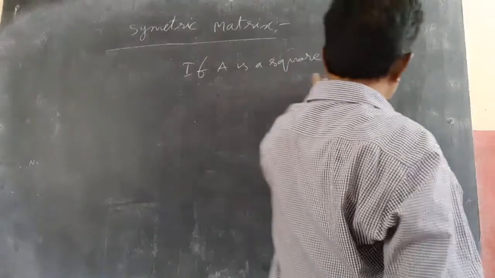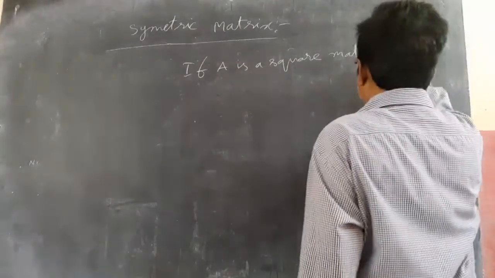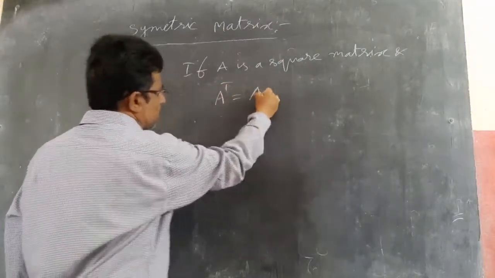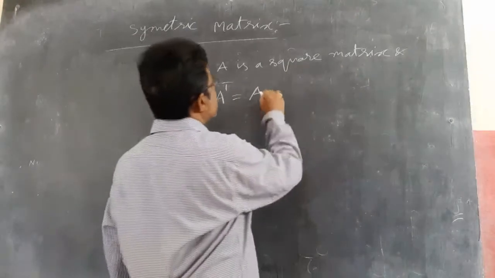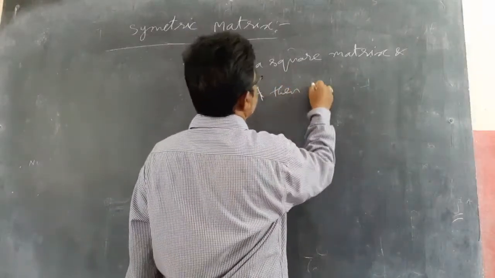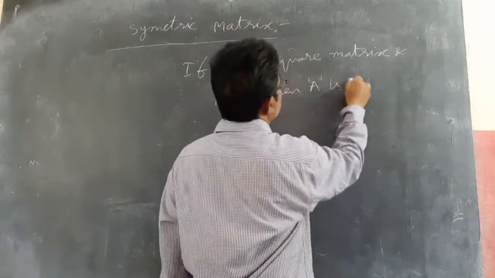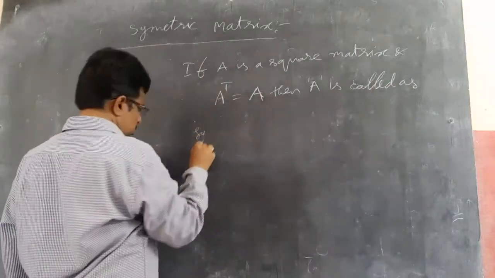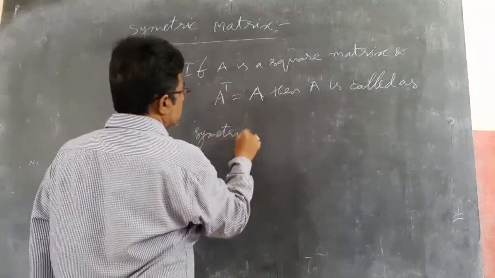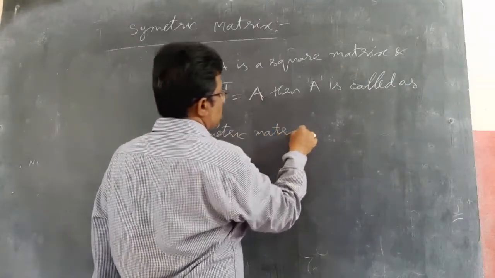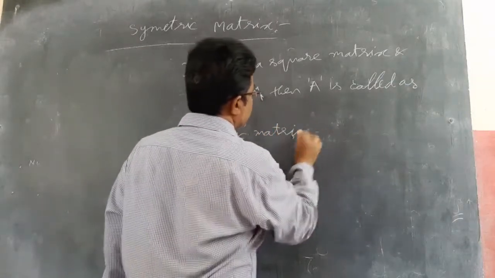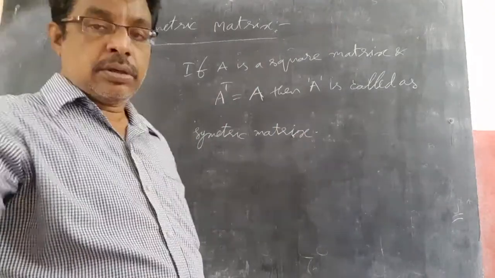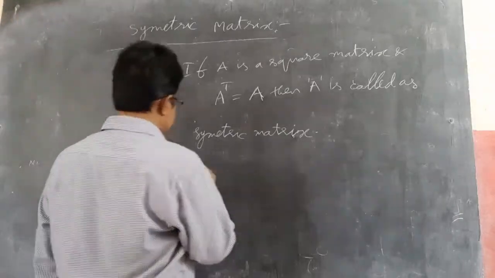Next, if A is a square matrix and A transpose equal to A, then A is called a symmetric matrix.